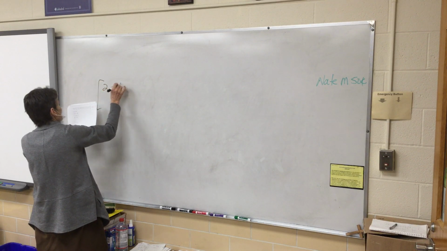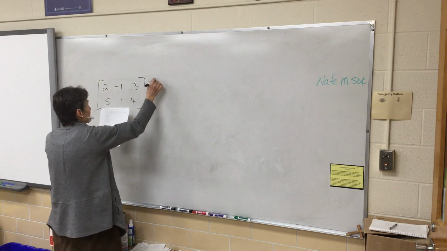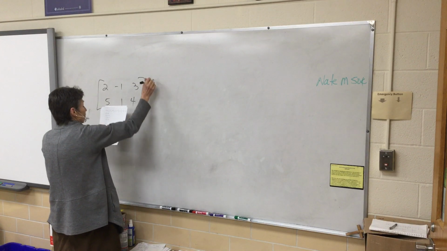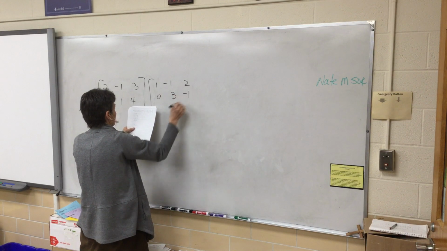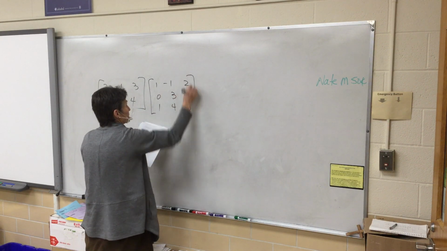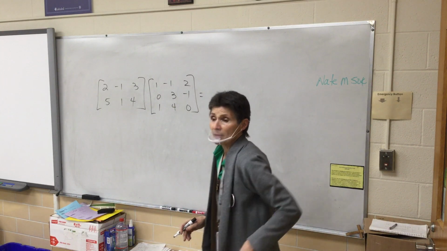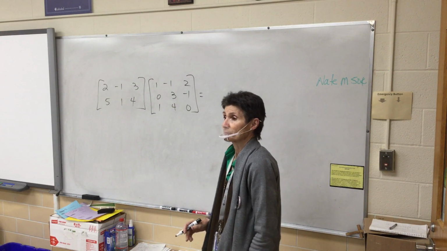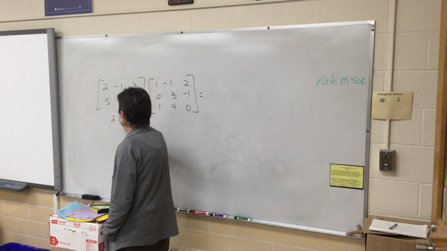Let's do D times C. First of all, can I even multiply D times C? Are they multipliable? Yes. This has 2 rows and 3 columns.